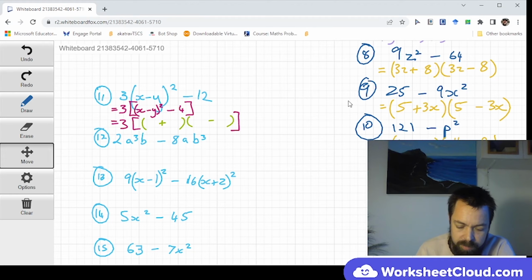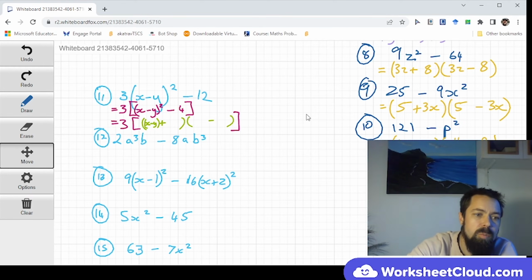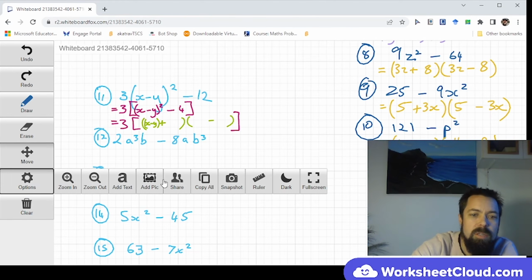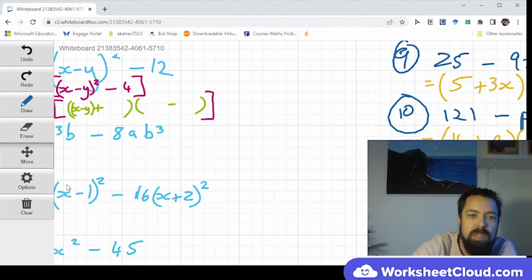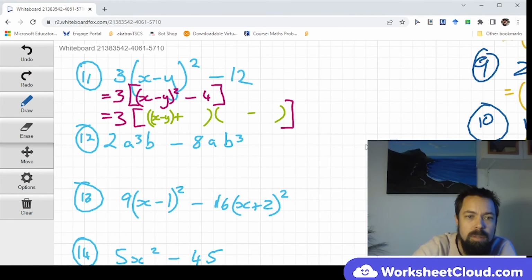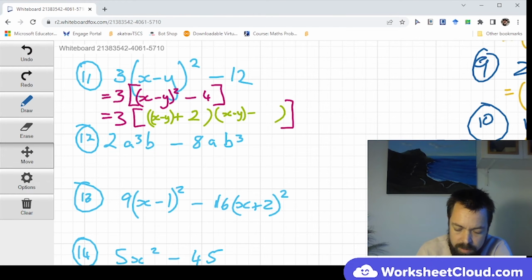So square root of x minus 2 all squared is x minus 2. Now you can keep that in a bracket if you want to, although the bracket is not going to mean anything. Let me just zoom in a little bit over here. The bracket's not going to mean anything in this particular case. All right, and then our square root of 4 is 2, x minus y, and 2. Right, best practice is then to multiply out and see if we can simplify this.